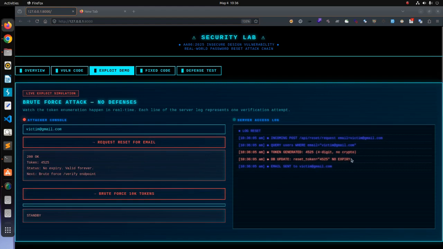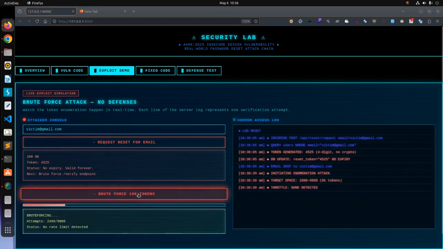This is the log. There is no expiry, no rate limiting. It's just sitting here. Now I'm going to brute force this token.